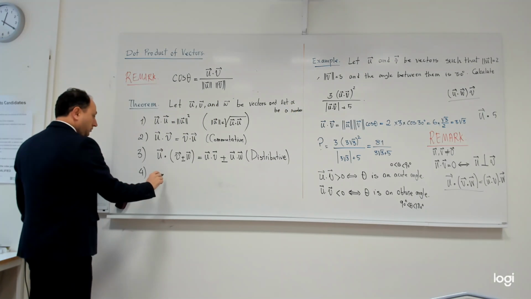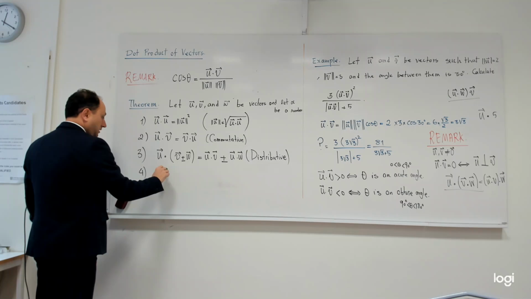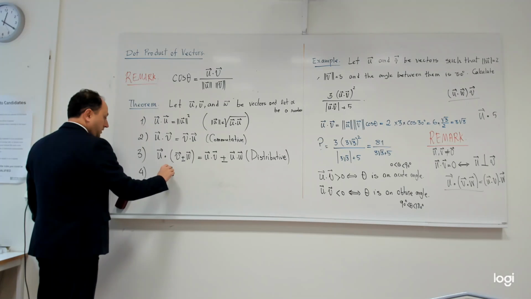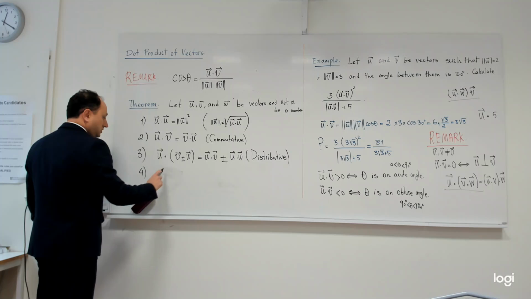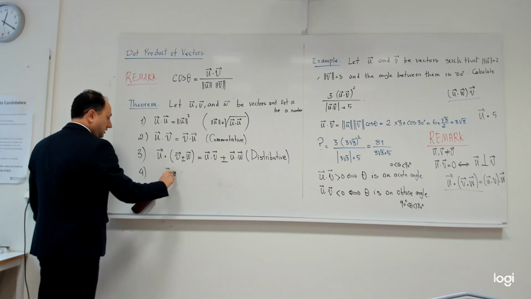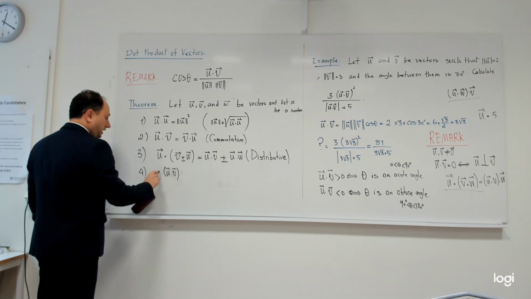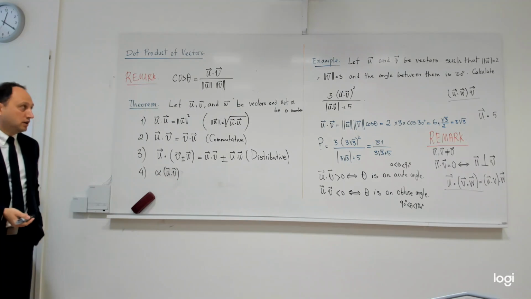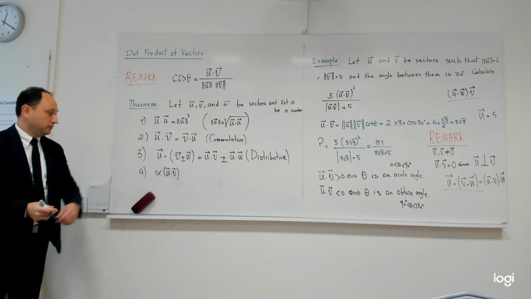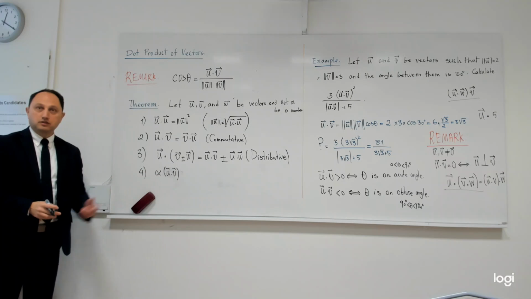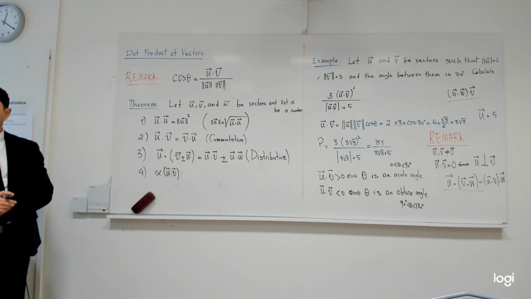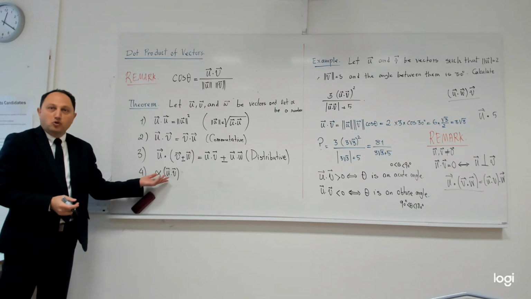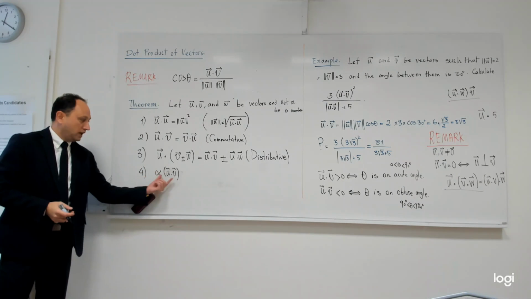Now, let me ask you something. If I write this U dot V, and I put alpha here, how do you interpret this combination? Alpha is a number, U and V are vectors. So this is of course a product, but a product between two numbers. So that is just a normal multiplication, a number and a number.